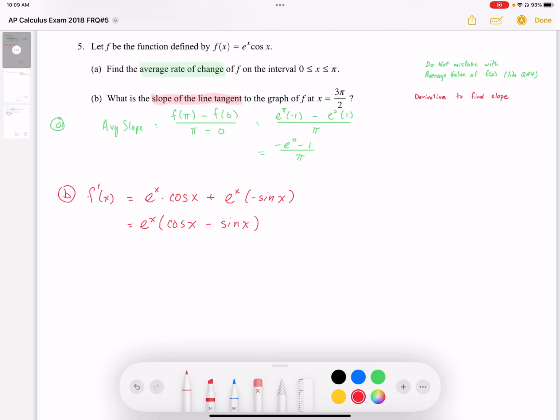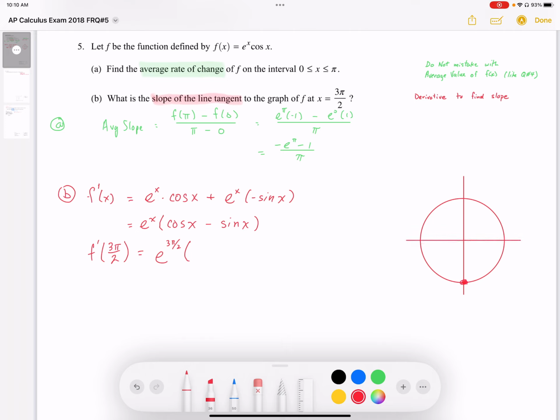Okay, so when we find the instantaneous slope, we find the derivative value at 3 pi over 2. So plugging in 3 pi over 2, we get e to the 3 pi over 2. The cosine of 3 pi over 2, so if I take a look at where the cosine values are, just look at the unit circle. 3 pi over 2 is here.